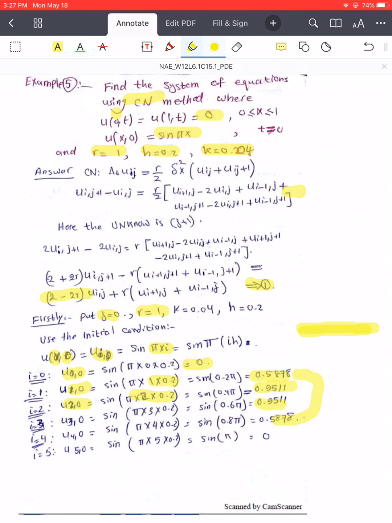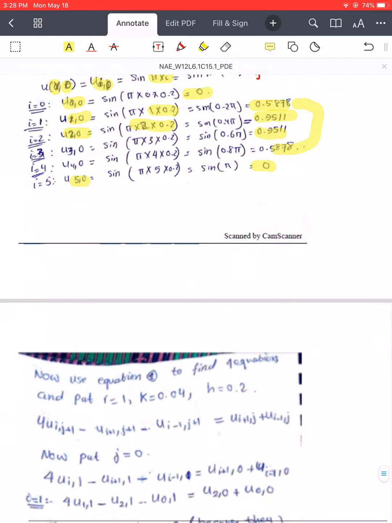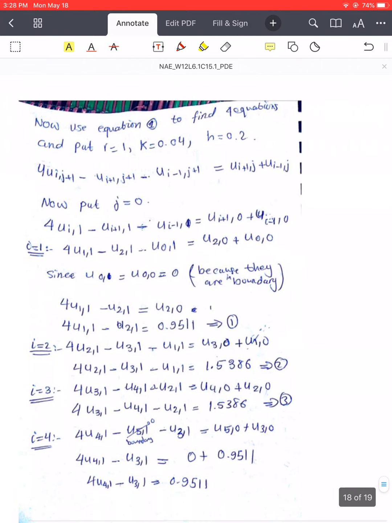And for the other boundary condition 5, 0, which we know that 5, 0, 1, it is sine pi, which is 0. So now we know the initial level, where j equals 0. So j equals 0 is known now. In that case, we also have to find the next level. Now go to the next slide for the next level.